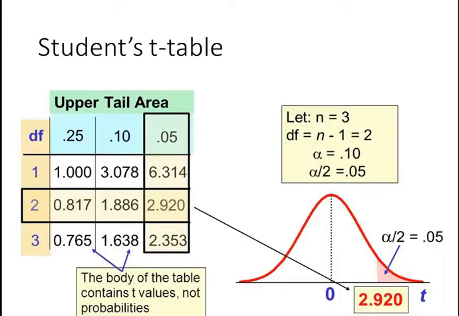So let's look at the T-table now, once you know what degrees of freedom are. Every row in the T-table starts with degrees of freedom. So you need to calculate degrees of freedom first, then you will find a row to look at. Then in that row you look at your t-value.